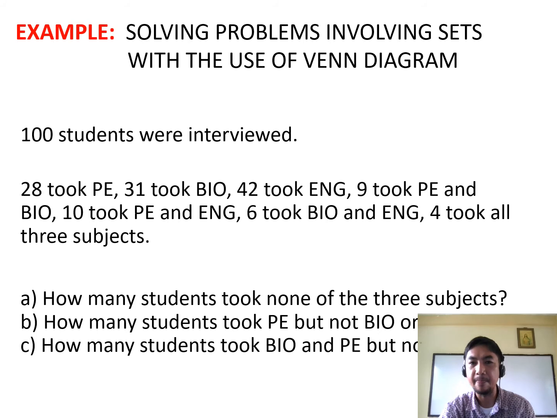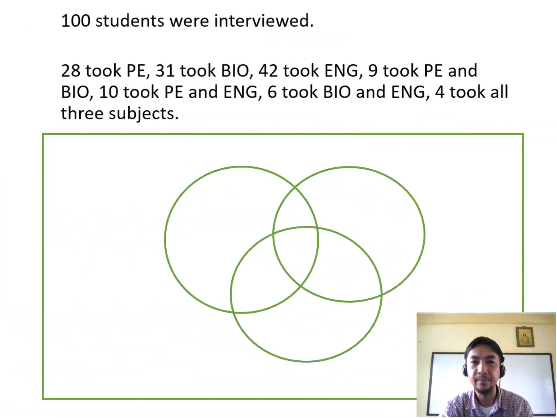So, if you notice, in this particular Venn diagram, we have 3 sets. Set for PE, for biology, and English. Therefore, ang gagawin natin, magdodrawing tayo ng 3 circles. So, here it is.